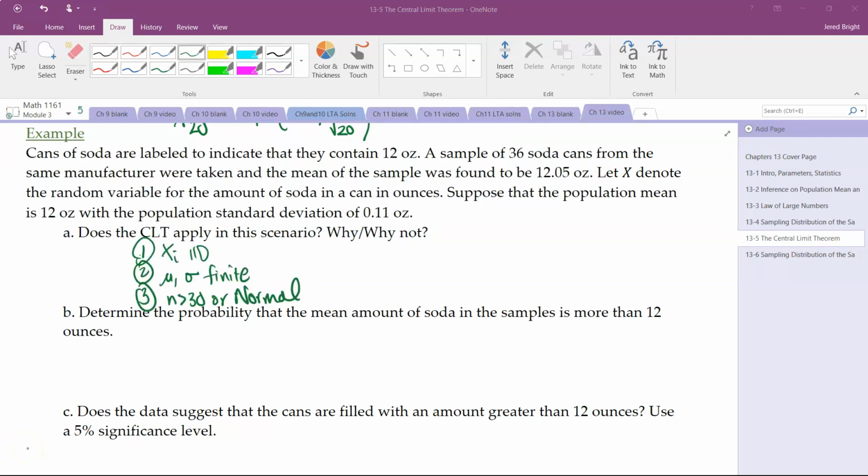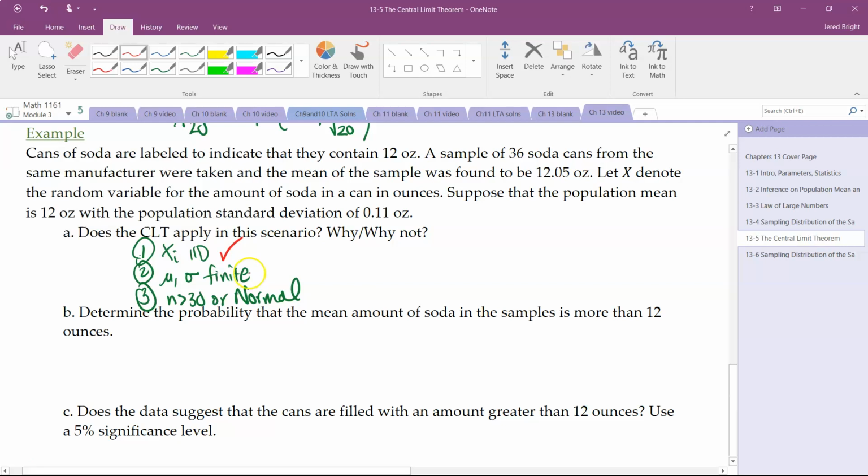Okay, to apply the CLT, you have to do the checks. So let's do the checks. First, are the observations, the soda cans in this case, IID? So are they made independently and from the same distribution, from the same manufacturer? Yep, so that one is satisfied. Are mu and sigma finite? Is the population standard deviation and population mean a finite number?